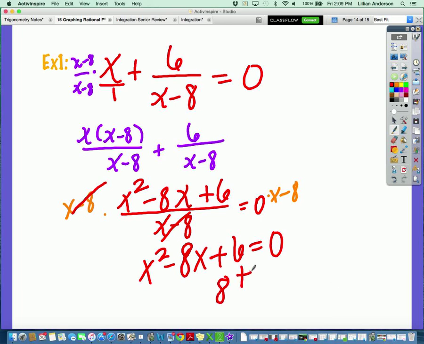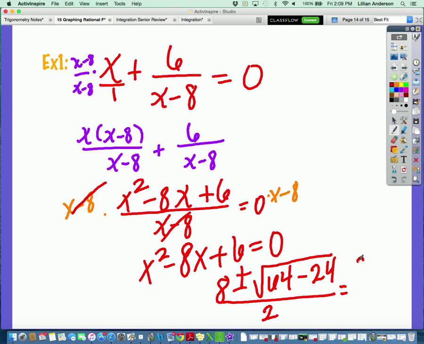Negative b plus or minus the square root of b squared minus 4 times a times c. So we got 8 plus or minus the square root of 40 over 2.